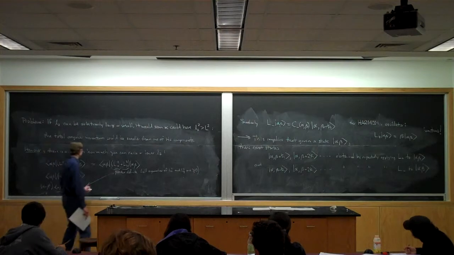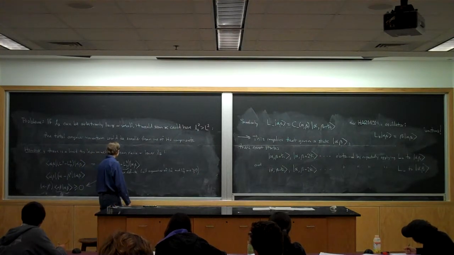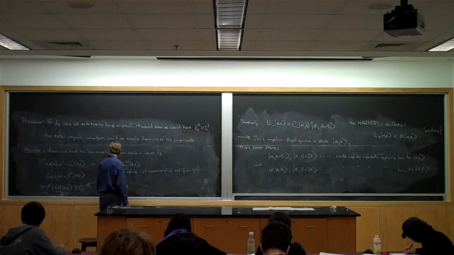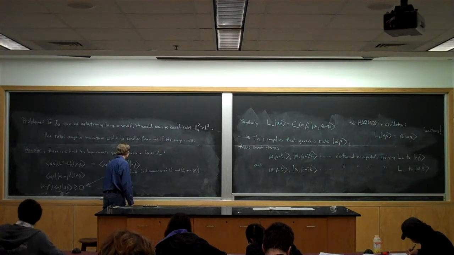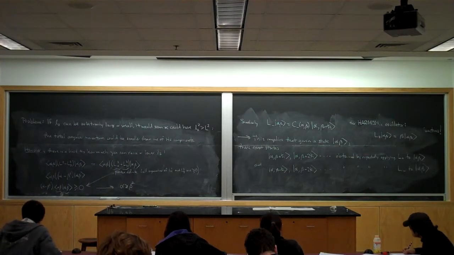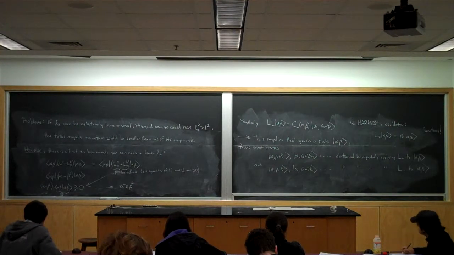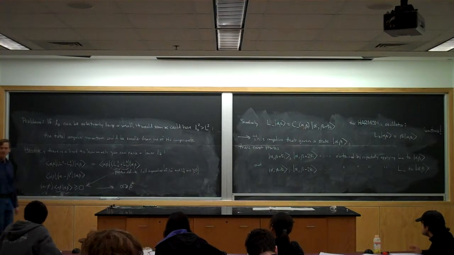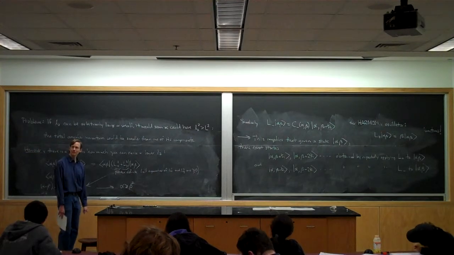So this says that alpha is greater than or equal to beta squared. Well, that's happy because alpha represents the total angular momentum squared. Beta represents the z component. So this says the total angular momentum squared has to be greater than or equal to the z component of the angular momentum squared.